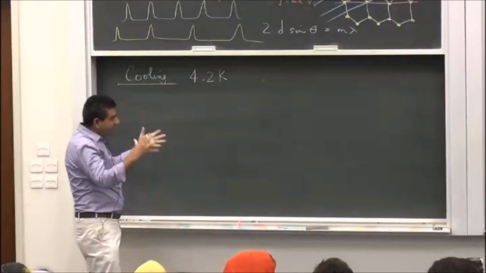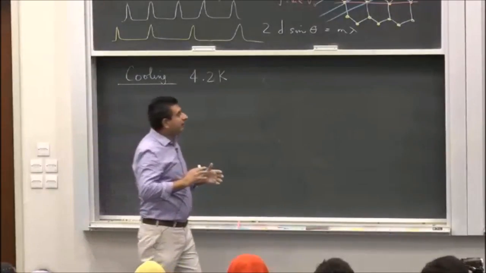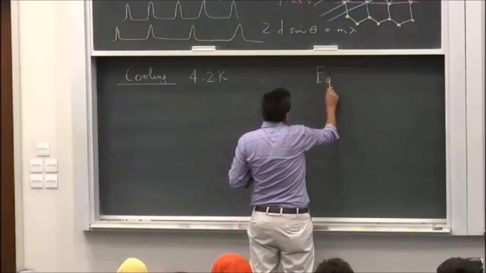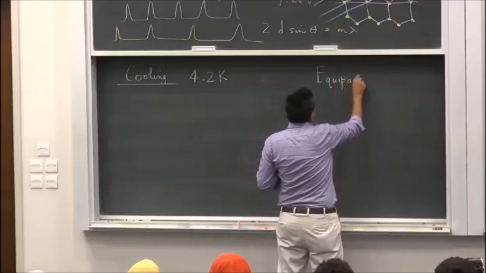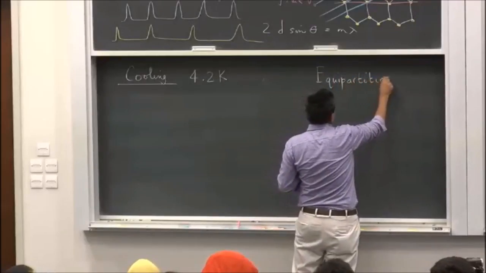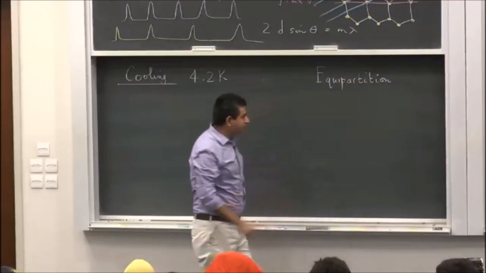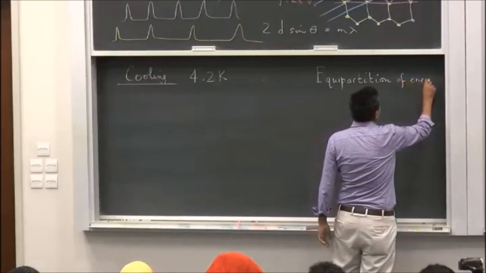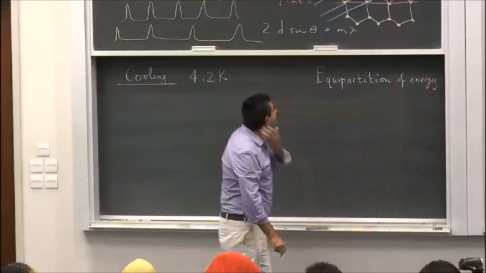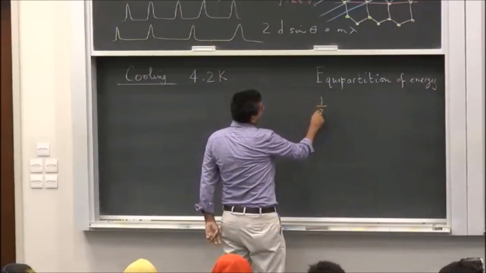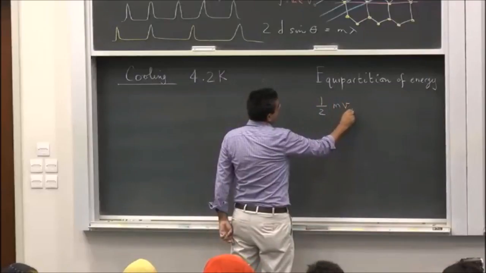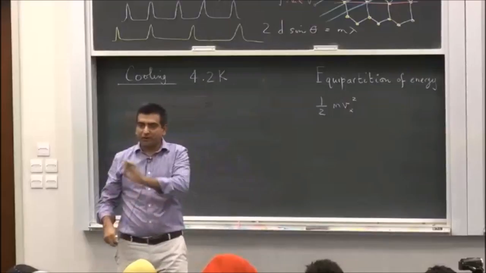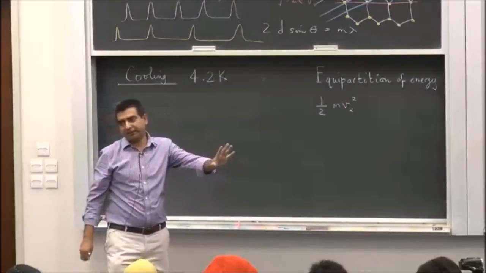Now if you have a gas, there's a law of thermodynamics which is called equipartition of energy, which means that the kinetic energy of an object constrained to move along the x-axis is half m v_x squared.